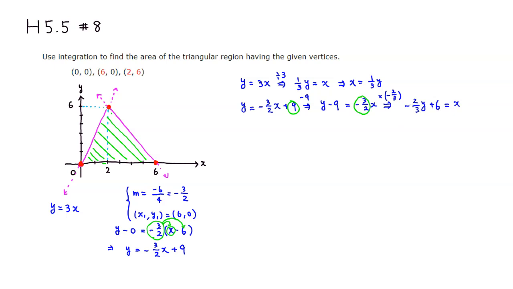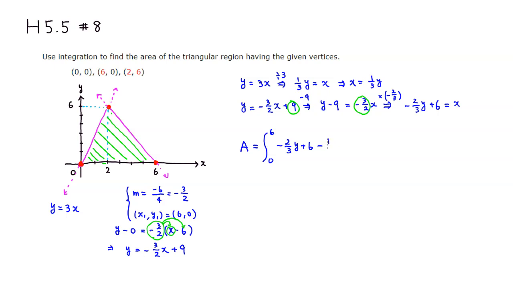So let's set up the integral. The area is going to be, y is going from 0 to 6, so we have 0 to 6. The right curve is going to be the second one, so it's negative 2/3 y plus 6. And then you have to subtract the other one, 1/3 y.